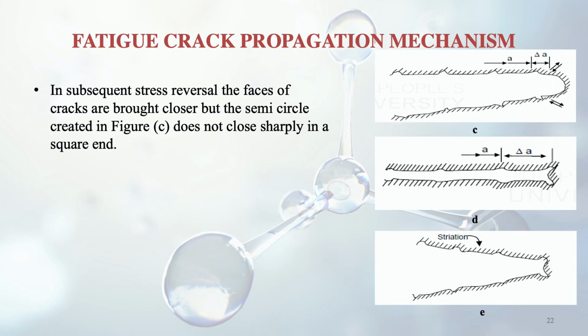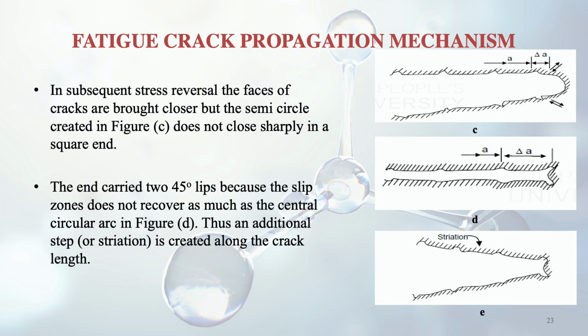And in subsequent stress reversal, when we are removing the tensile force or load which was acting before this, what will happen? The faces of the cracks are brought closer, but the semicircle created in figure C does not close sharply in a square end. So there is no square end, and it is not closing that sharply when the stress has been reversed.